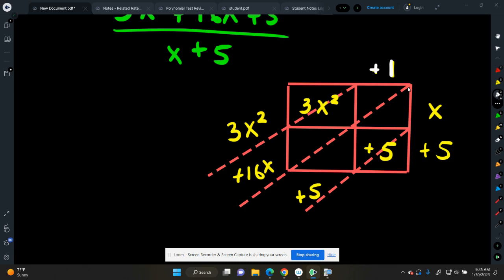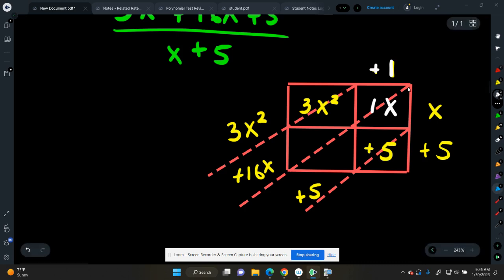Okay, Yana, what does that tell me now? Now that I have a 1 there, what else can I fill in? Yeah, perfect. This is a 1x because 1 times x is x.